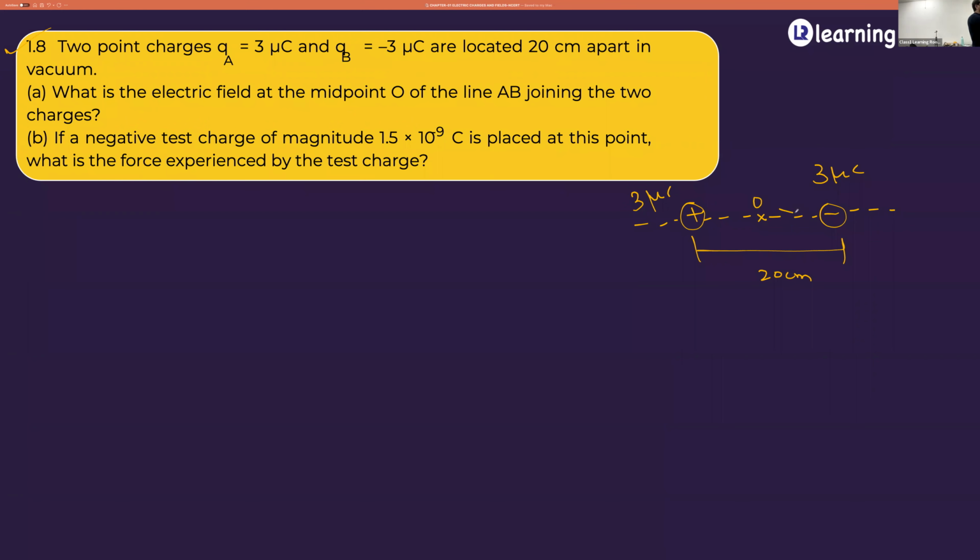See, electric field due to the positive charge is going to be away from it. Electric field due to the negative charge is going to be towards it.